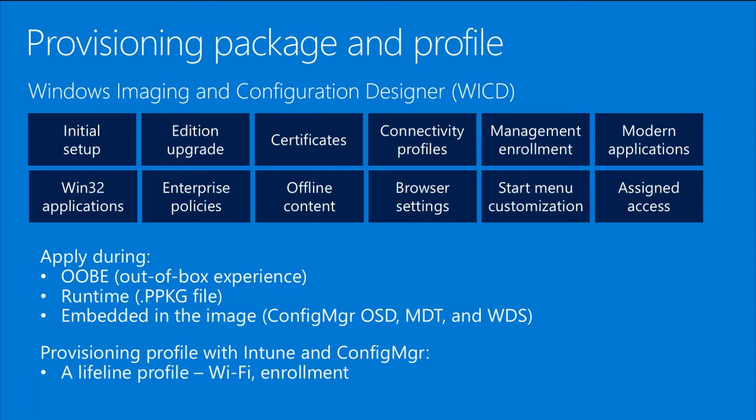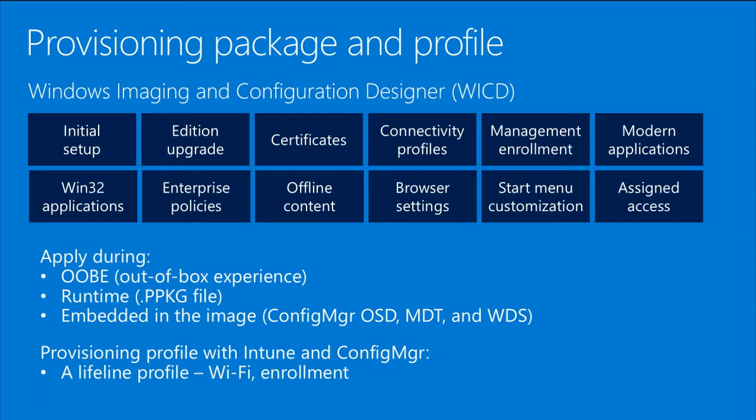And what that allows you to do is get from a Pro SKU, as an example, to an Enterprise SKU directly on a device without having to re-image it. The benefit of this is you can order a vanilla image device from an OEM. You can use a provisioning package to invoke a SKU upgrade, and you can get that device from Pro to Enterprise without having to put down a new image, which is a big time saver.